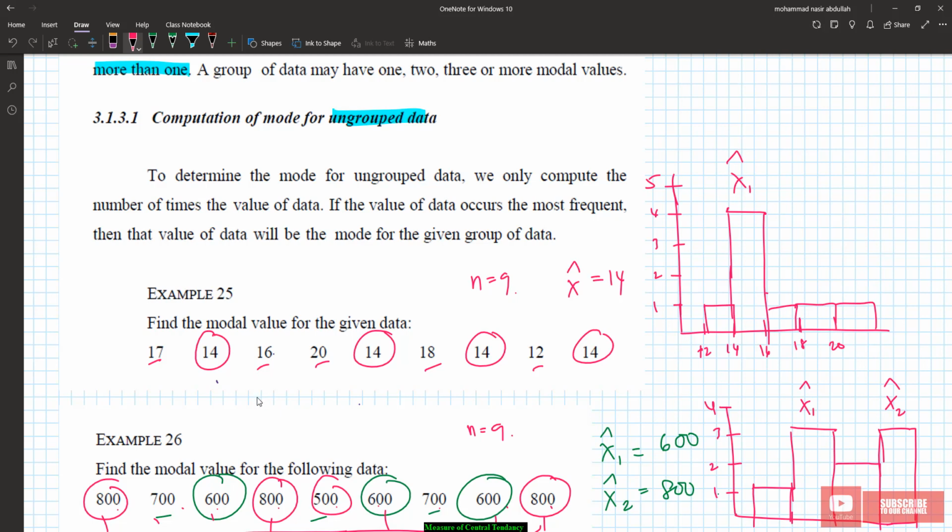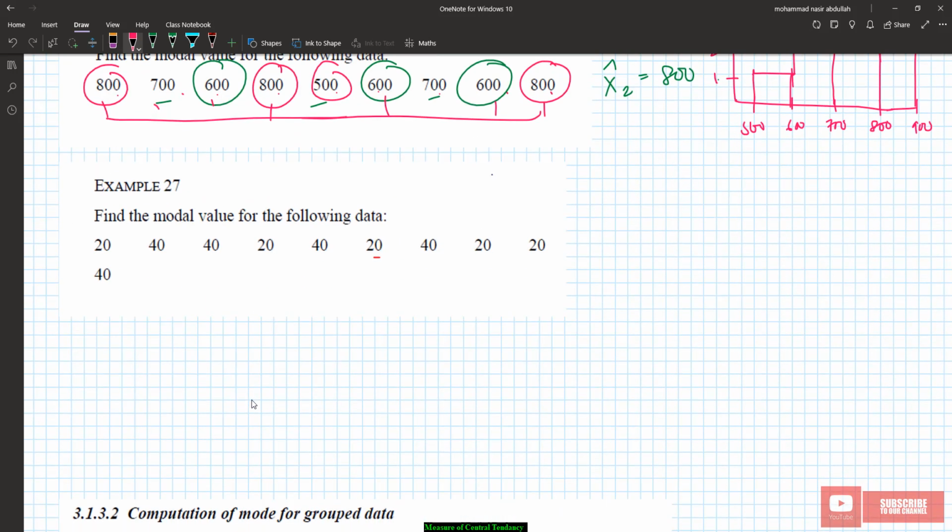So let's look at example number 27. In example number 27, we have 1, 2, 3, 4, 5, 6, 7, 8, 9, 10. So n equals 10. If you draw a histogram or bar chart, let's make a bar chart. This is 20, this is 40.